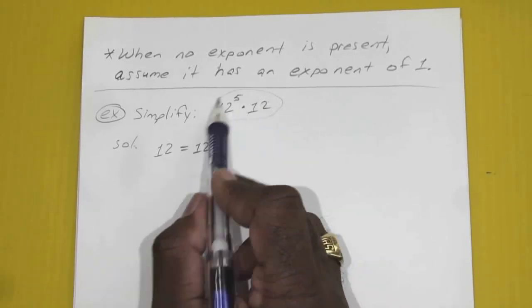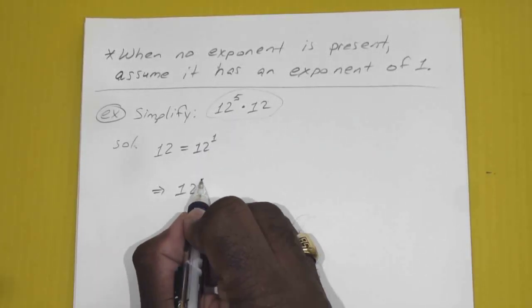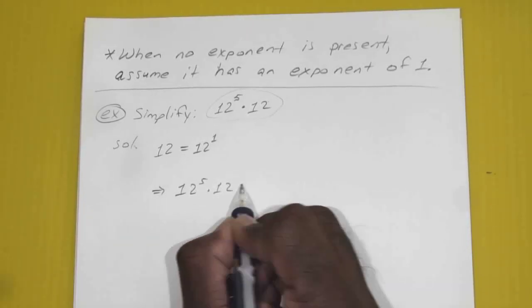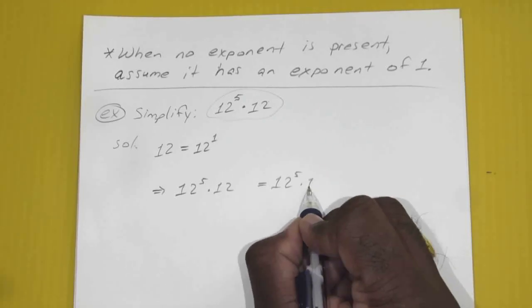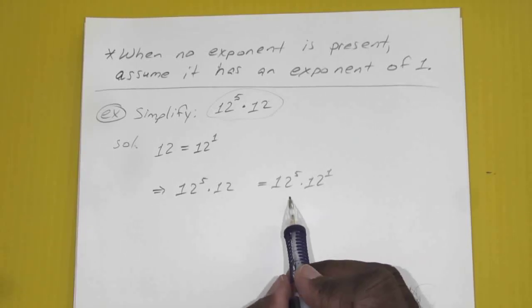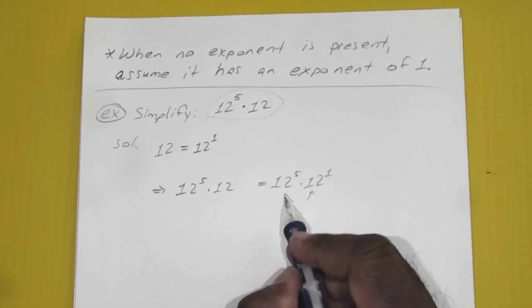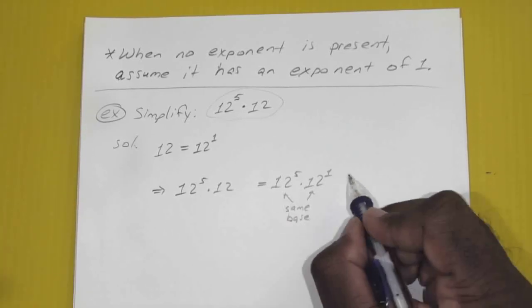So that means 12 to the 5th power times 12 is just 12 to the 5th power times 12 to the 1st power. So even when there's no exponent, there's an exponent. It just happens to be 1. Okay. Again, you have the same base, so you can combine them.